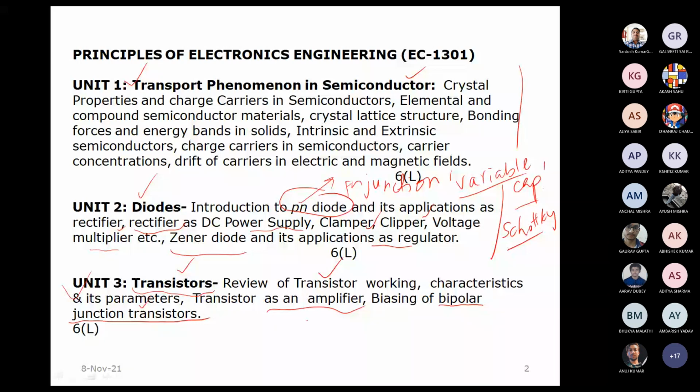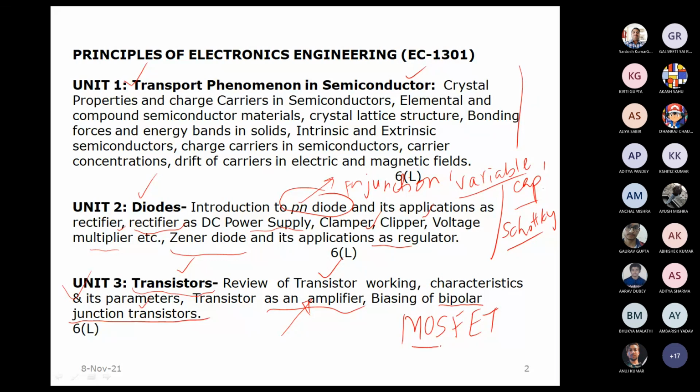We should be aware that the transistor is the device which is the building block of integrated circuits. Nowadays, these BJTs are being replaced by MOSFETs, metal oxide semiconductor field effect transistors.